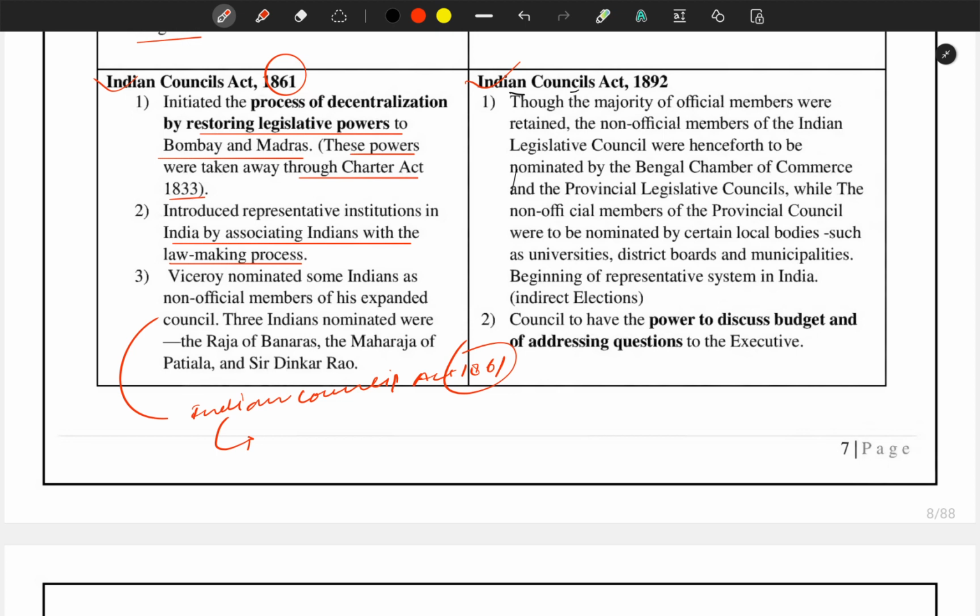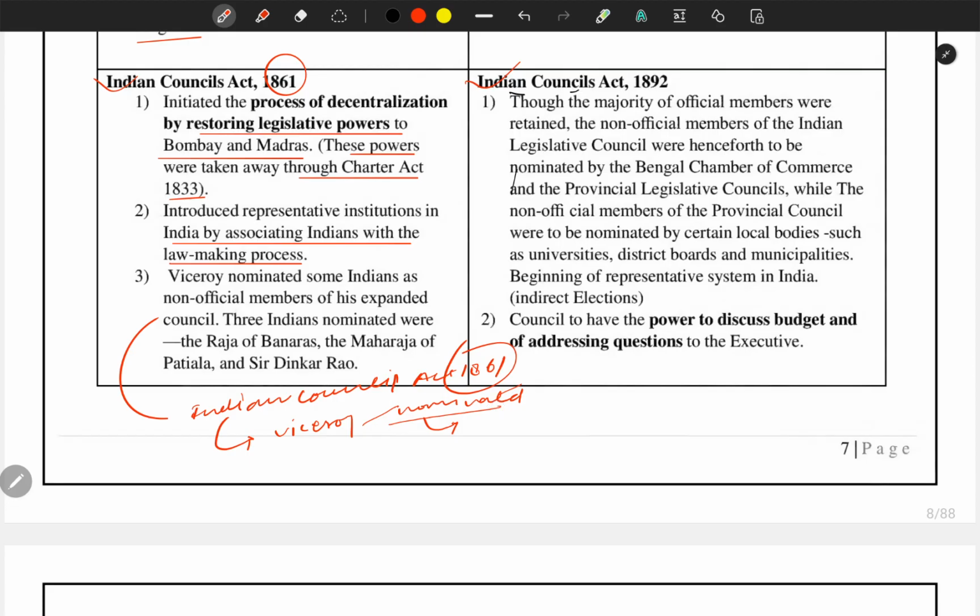The Viceroy nominated some Indians as non-official members. This is an important part.